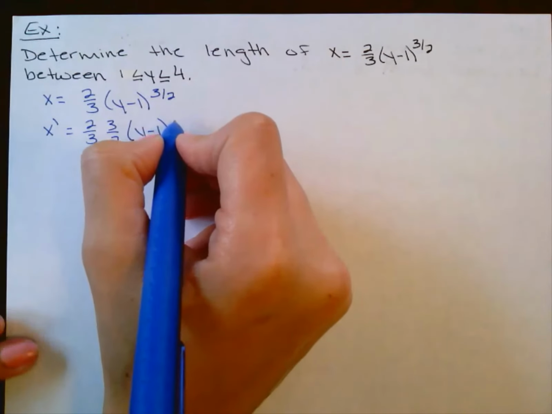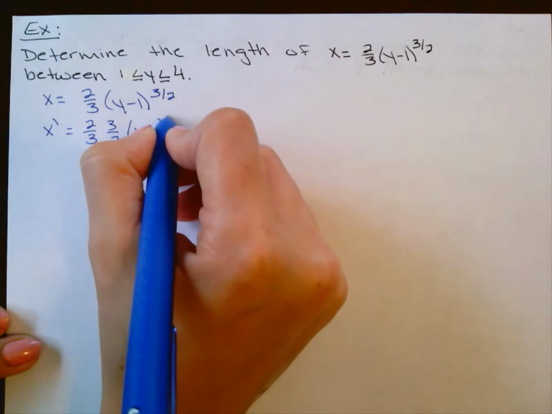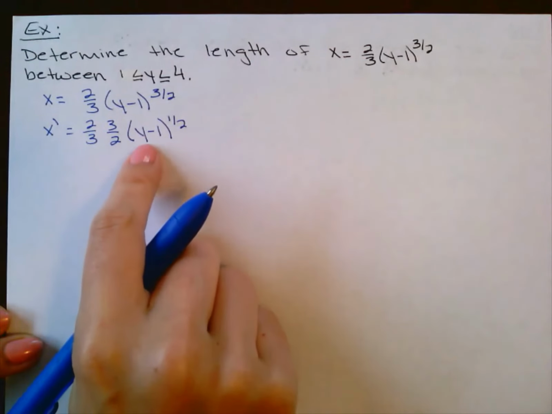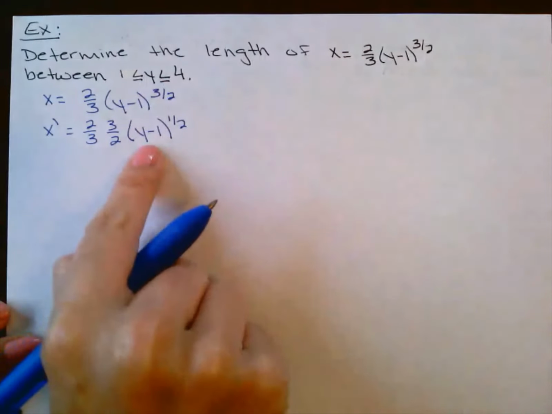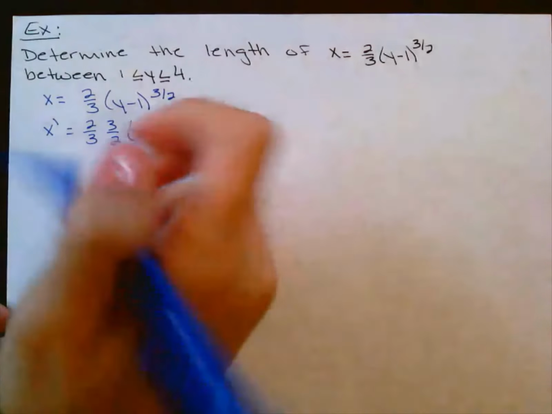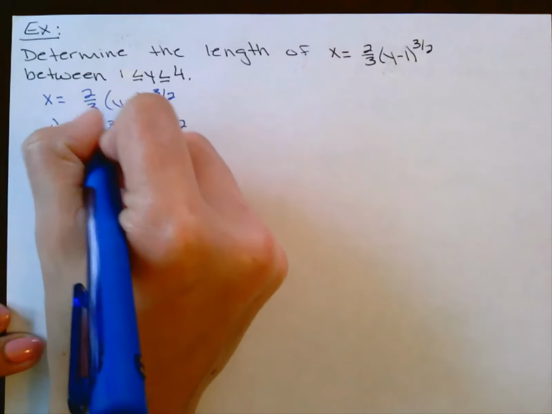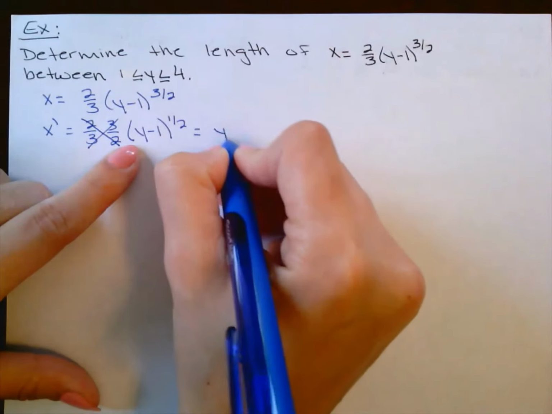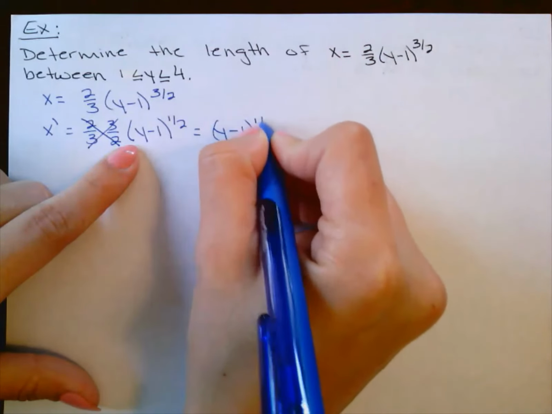If I subtract 1 from here, I'm subtracting 2 over 2, so I get half, and then times the derivative of the inside would just be 1. Okay, this is in terms of y, so I don't have to do implicit here. So these cancel, and I'm just left with y minus 1 to the 1/2.